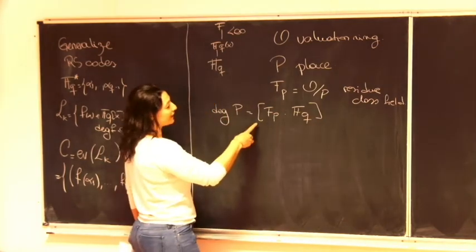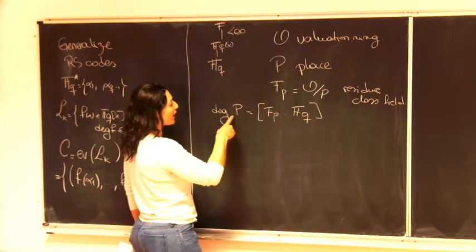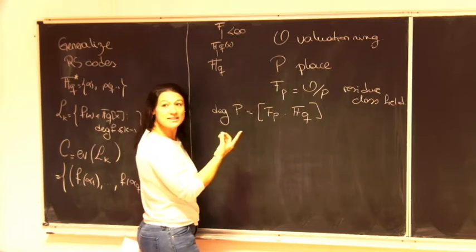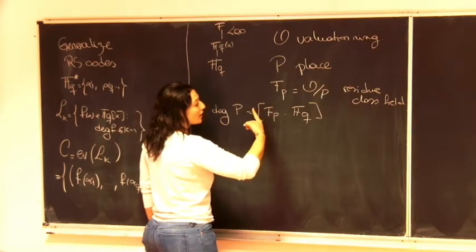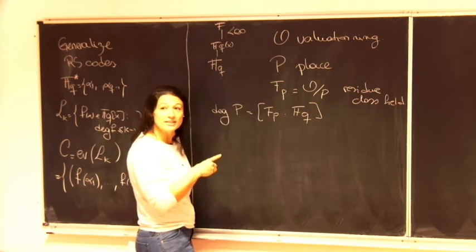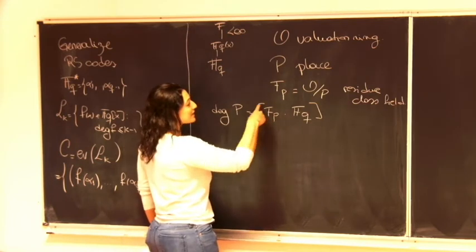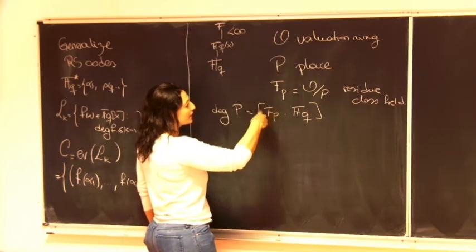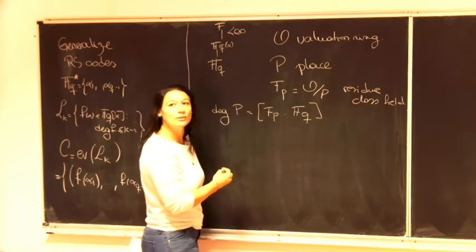So in the case where we had a degree 1 place, this extension is of degree 1, so we can identify the residues here as elements of FQ.